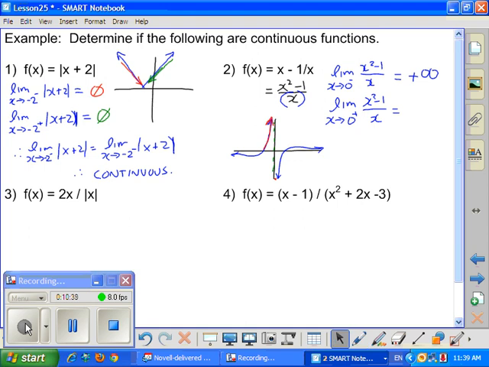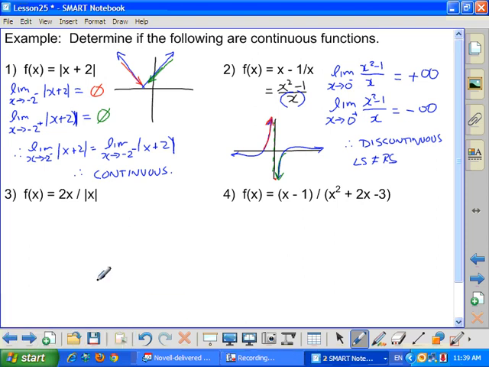When you approach 0 on the positive side, it looks like it's heading to negative infinity. So therefore, it's going to be discontinuous, because your left side is not equal to the right side in terms of the limits. We knew it was going to be discontinuous when we were looking at the asymptotes.